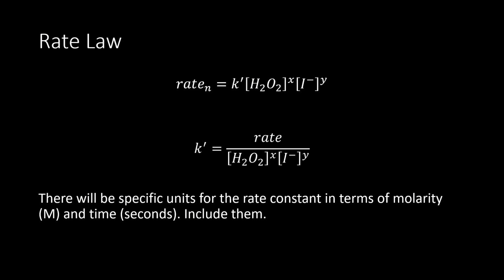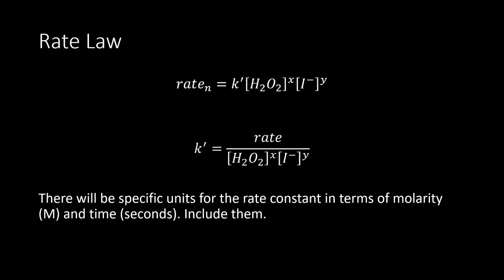And then once you have your rate orders for your individual chemical species, you can then solve for K prime, the rate constant, used for each trial, for each solution, because that rate constant will stay the same, or it should roughly stay the same for each and every trial, regardless of a catalyst or not.